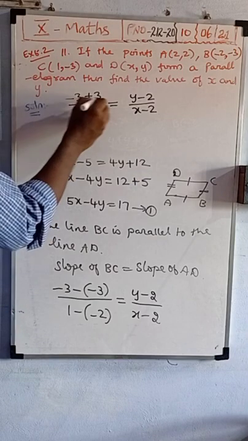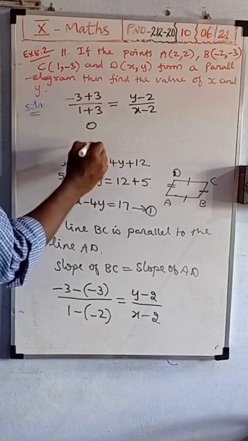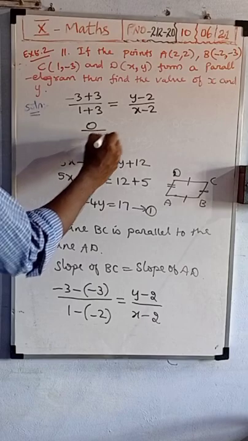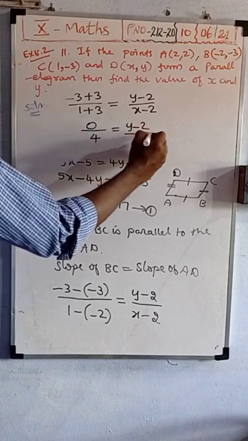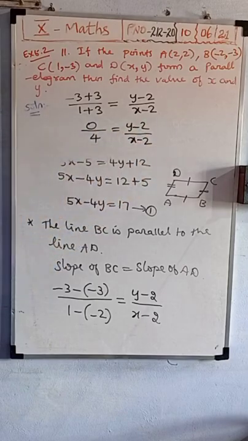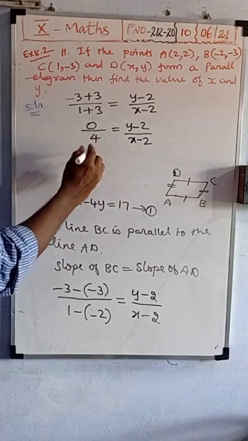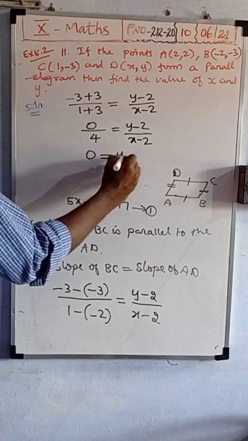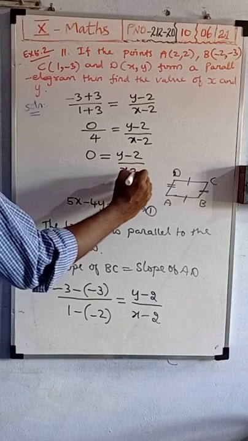Now minus 3 plus 3 is 0. 0 divided by 3 is equal to y minus 2 divided by x minus 2. Now 0 divided by anything is 0. So 0 is equal to y minus 2 divided by x minus 2.